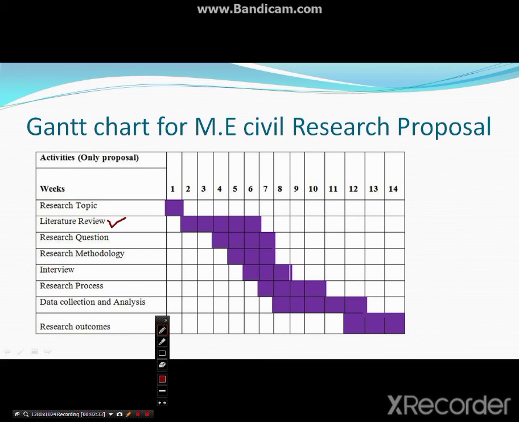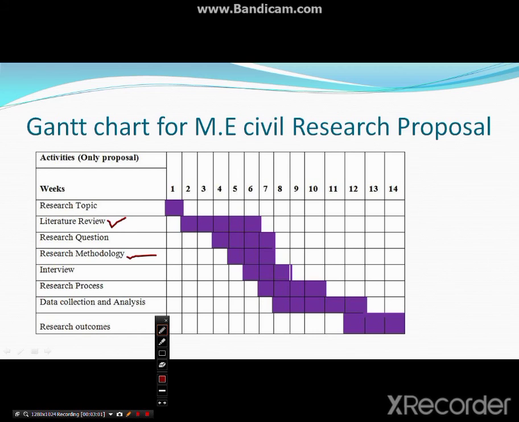In the fourth week, research questions will be arranged, from the fourth week to the eighth week. Research methodology will be starting, so simultaneous activity can also start. Whatever the activity is, whether it's research methodology, the start time and the end time of the activity are shown graphically in this Gantt chart.